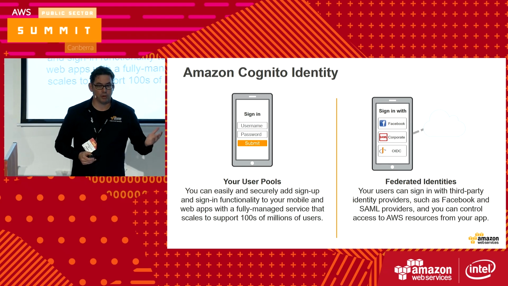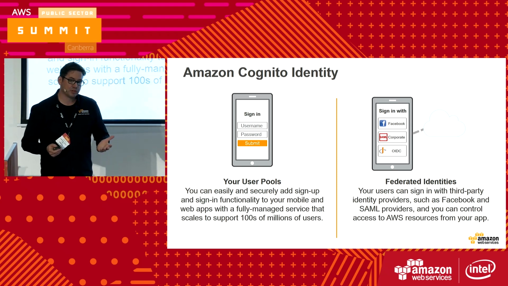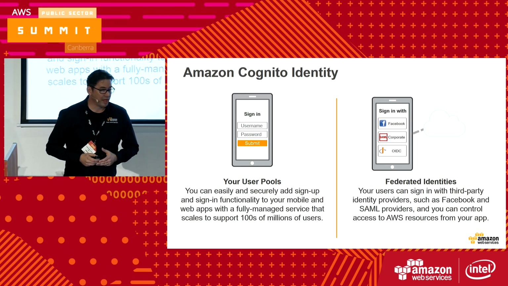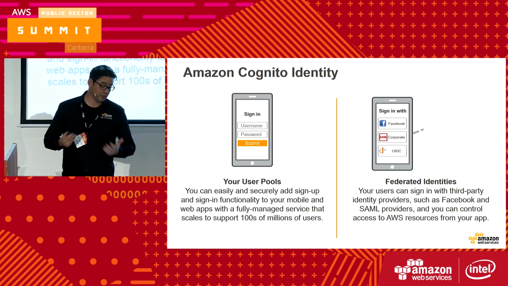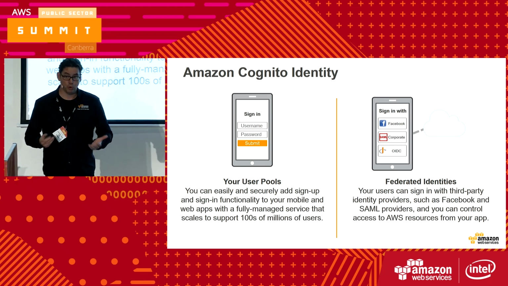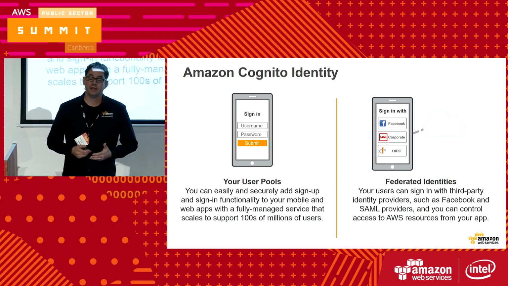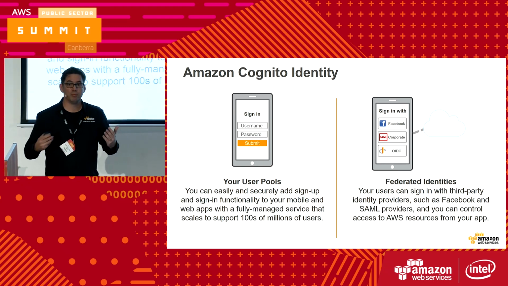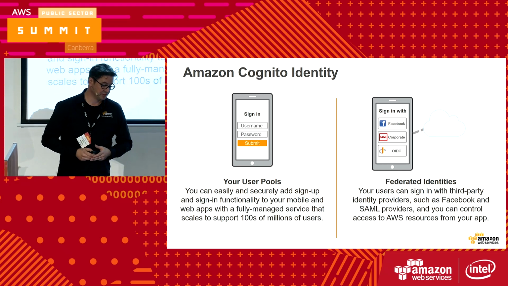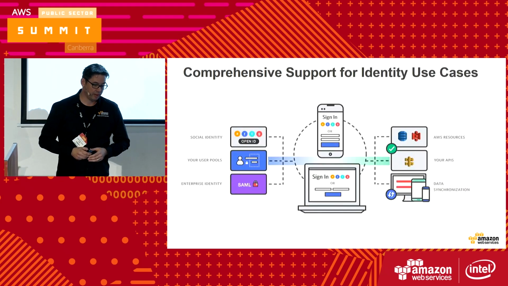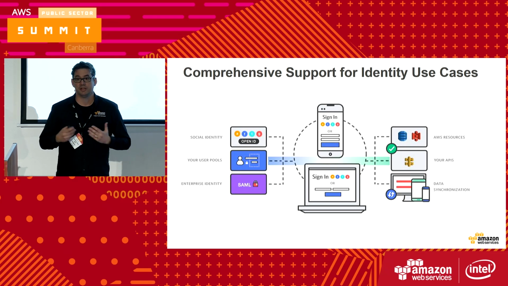A newer kid on the block is Amazon Cognito user pools, which allows you to control the user sign-in and sign-up capabilities for your web and mobile applications. You can support millions of users with this service. And this provides you a comprehensive set of identity use cases.